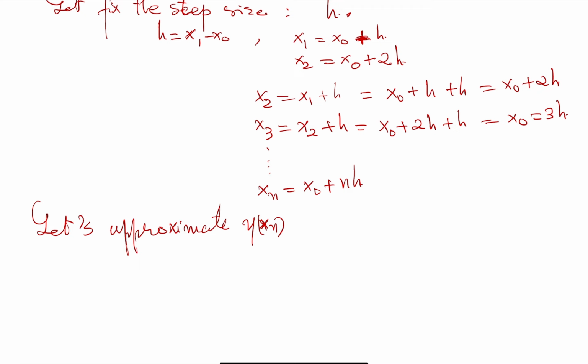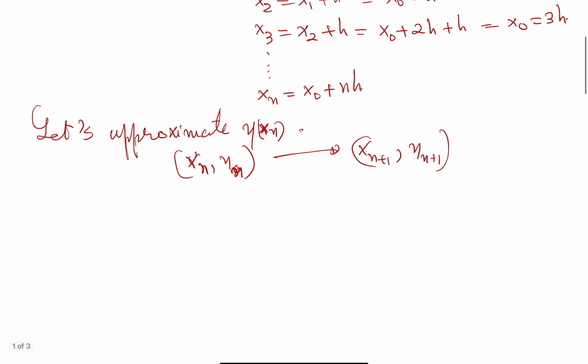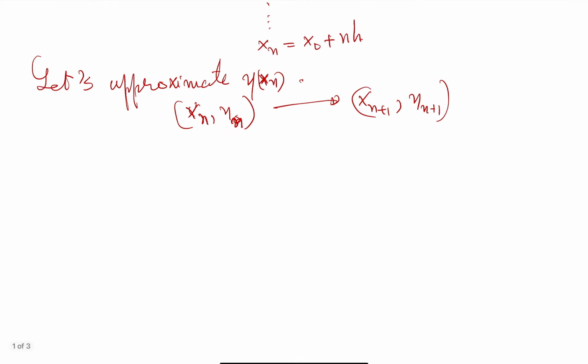Remember if you go, for example, from the point (xn, yn) to the point (xn plus 1, yn plus 1). Suppose we go to that point on the graph of the solution y(xn).